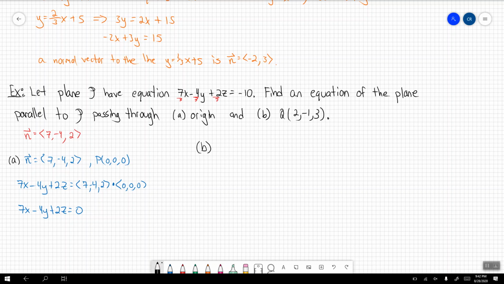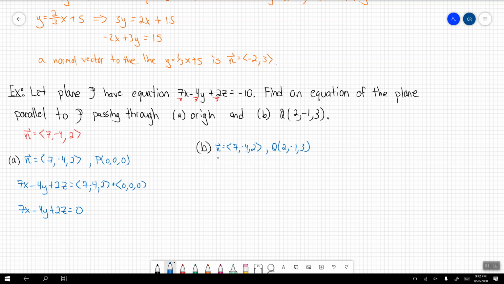Part B. We're using the same normal vector. Again, we want to find the equation of a parallel plane. So again, parallel, same normal vector, 7, negative 4, 2. However, now we need a point, and the point here is point Q. That's going to be on the plane that we are looking at.